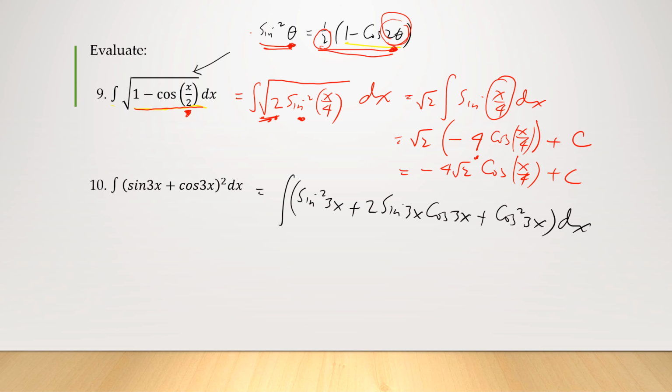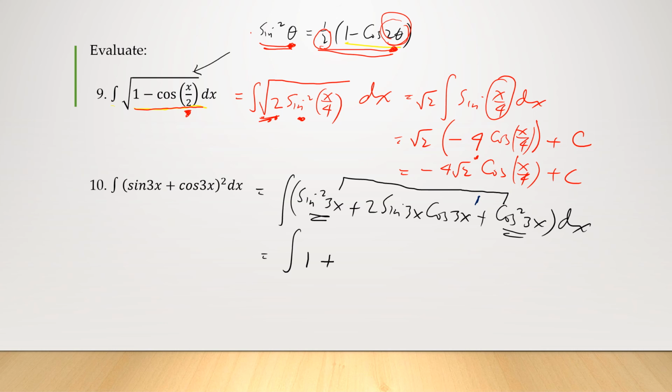And we recognize that the sum of sine squared 3x and cosine squared 3x is equal to 1. Right? So we shall write this as the integral of 1 plus.